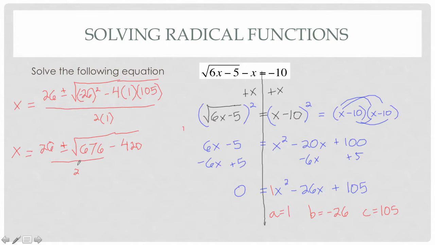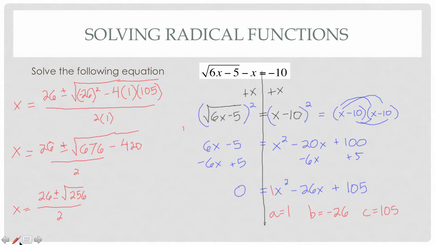Well, 676 minus 420 is 256. So it's 26 plus or minus the square root of 256, all divided by 2. It's getting a little bit simpler.